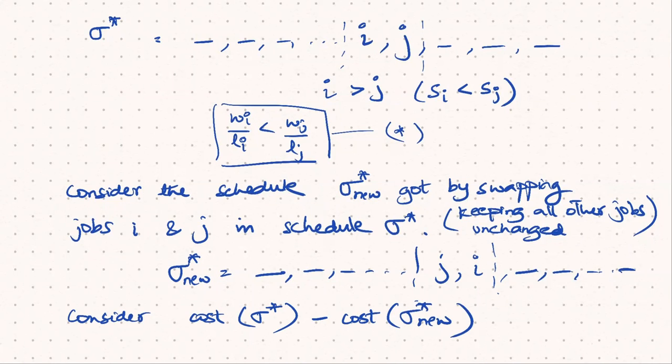It's the weighted completion time of sigma star minus the weighted completion time of sigma star new. What is the weighted completion time of sigma star? Well, it's the weighted completion time of this plus the weight of the ith job times its completion time, right? Plus we'll have a similar factor for this, and the weighted completion time due to these.